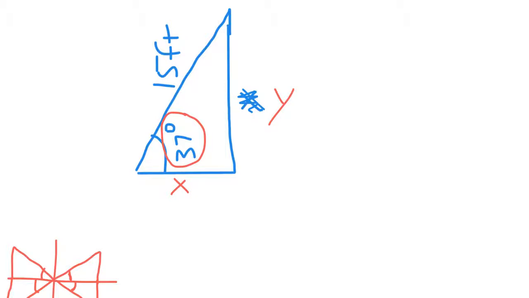Okay? So now the question comes down to this. I wanted this side right here, the y side. I know the r side. So what comes to mind when I think of y and r is the trig function sine.